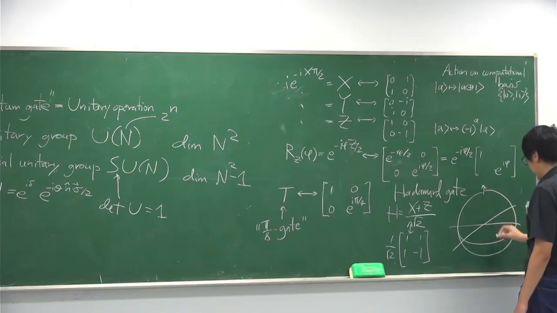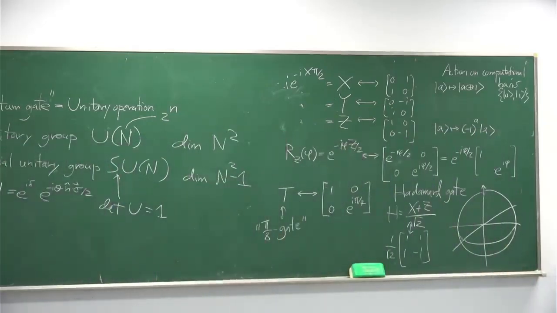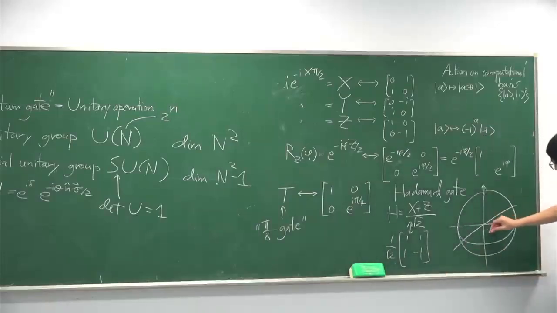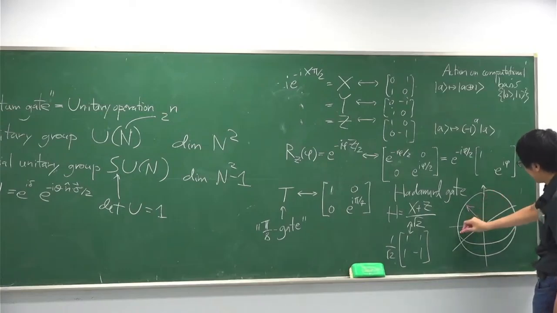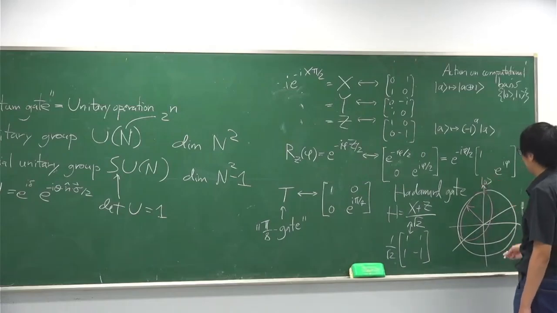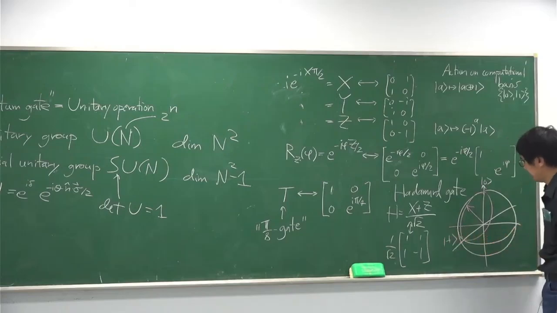So I'm rotating around this axis between X and Z. And if I rotate by pi, then it exchanges the eigenstates of X and Z. For example, if the initial state is 0, then I just rotate it down to the uniform superposition, the plus state, right?